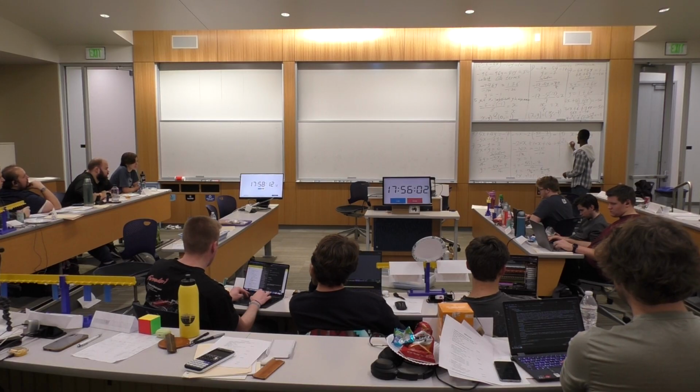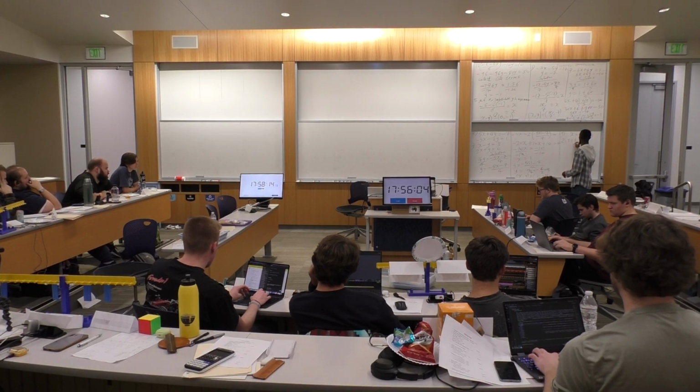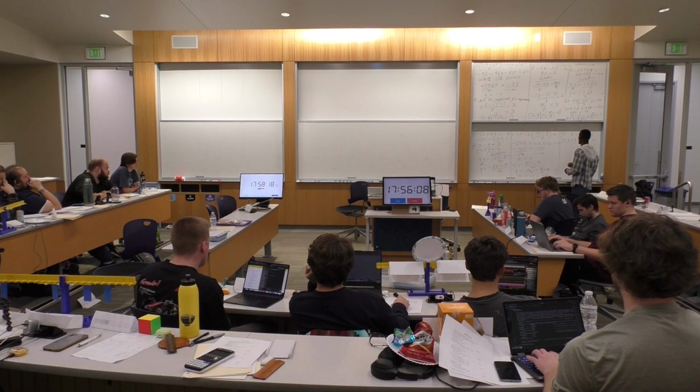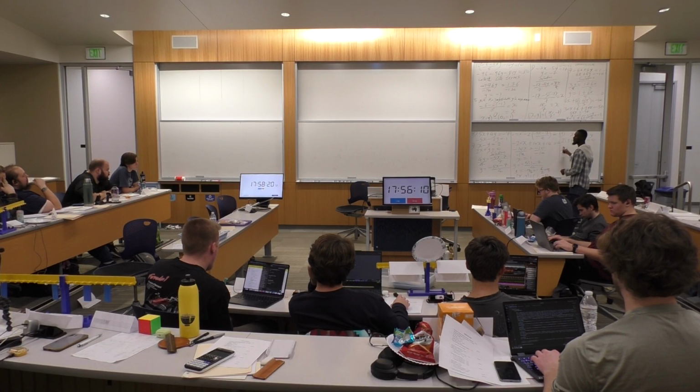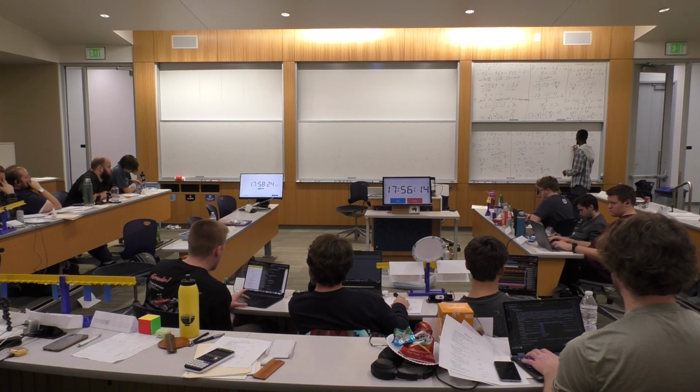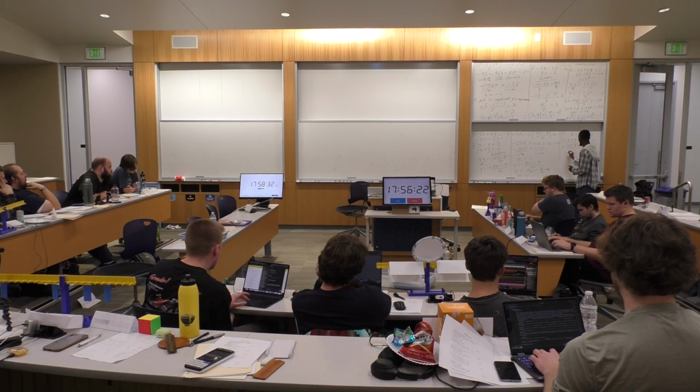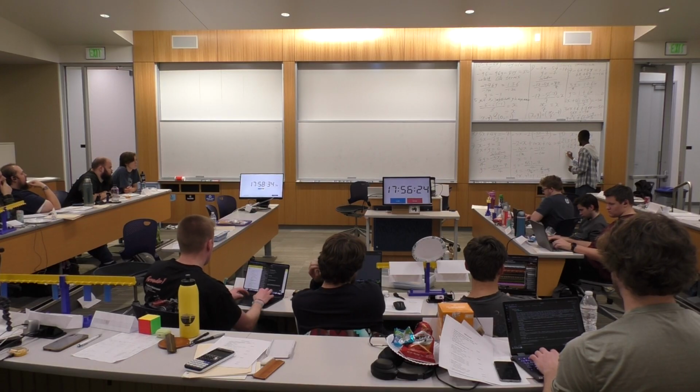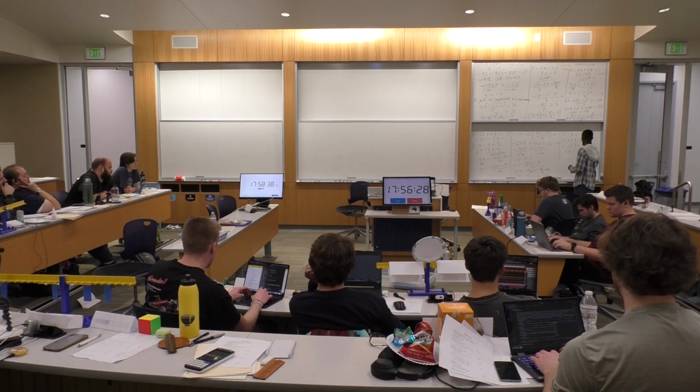Hence you have 2 into 3 plus y equals 0. You distribute 2 into this parenthesis, you have 6 plus 2y plus y equals 0. You collect like terms, you have 3y equals negative 6.